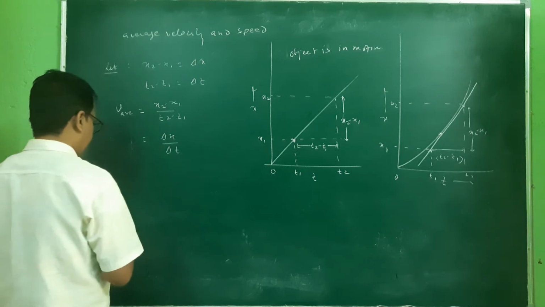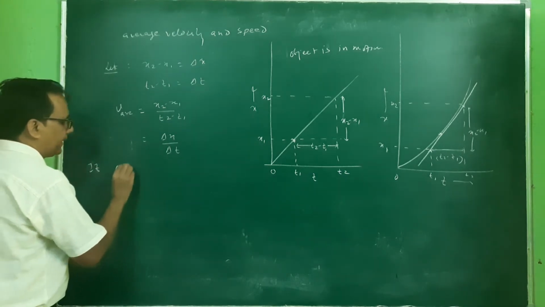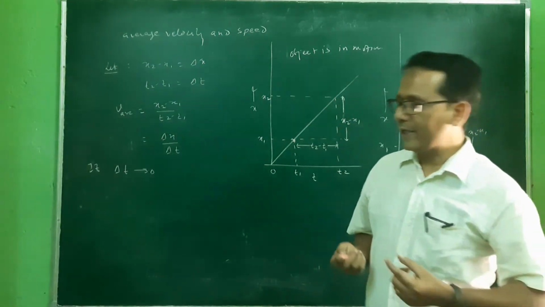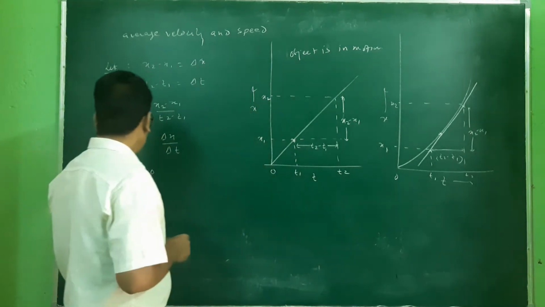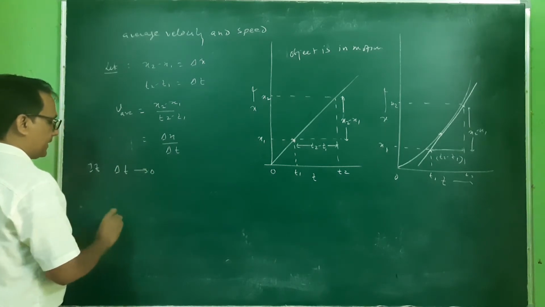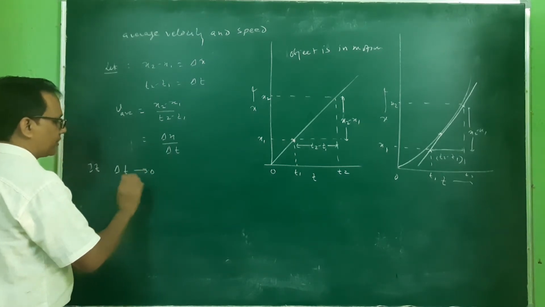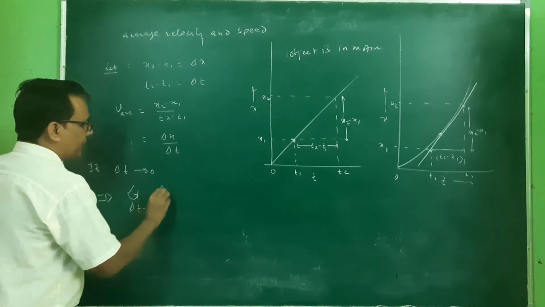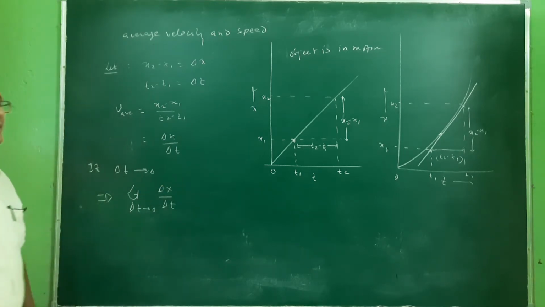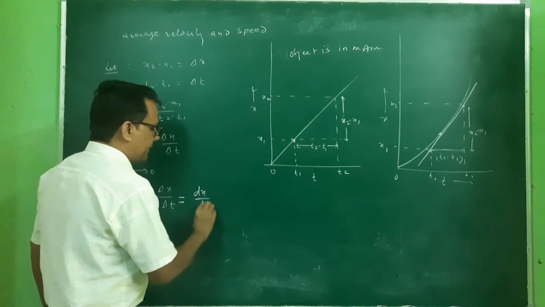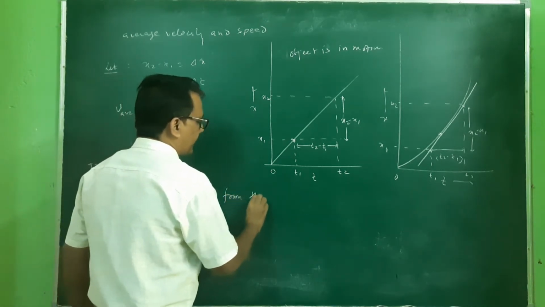If this delta t tends to 0, meaning the change in time is taken as infinitesimally small, then the limit of delta x by delta t as delta t tends to 0 is taken as equal to dx by dt.